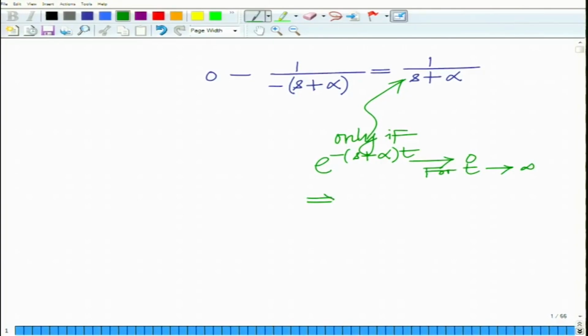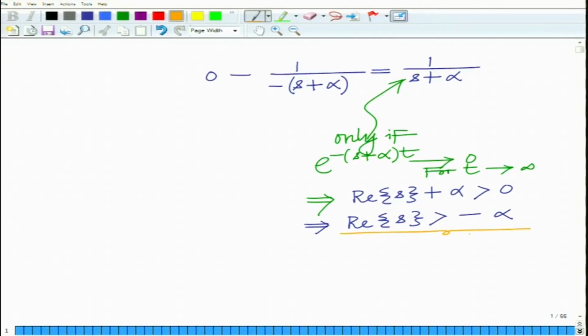This implies that we need the real part of s plus alpha to be greater than 0, which in turn implies that the real part of s must be greater than minus alpha, and therefore, this is the region of convergence, this is the ROC.